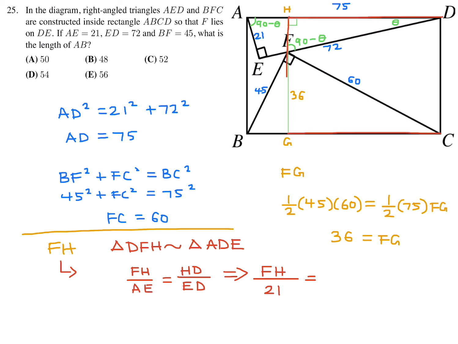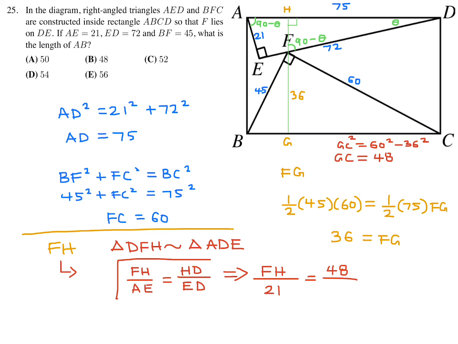Since this is a perpendicular right there. And GC I can easily figure out using Pythagoras. It'll basically be GC is equal to the square root of 60 squared minus 36 squared, like that. Right? And that gives me GC is equal to 48. So therefore HD is also 48.